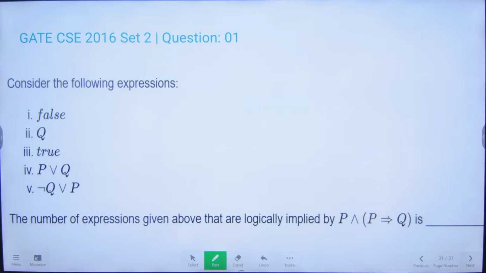So tell me. So this is very easy. Actually, you don't have to write anything. It's Q. Why?